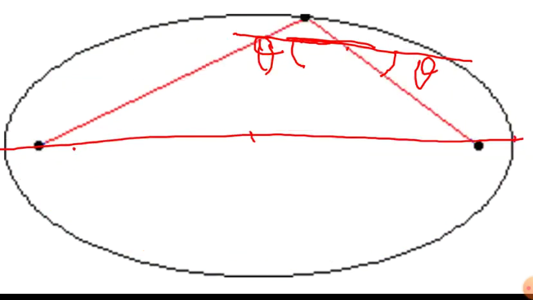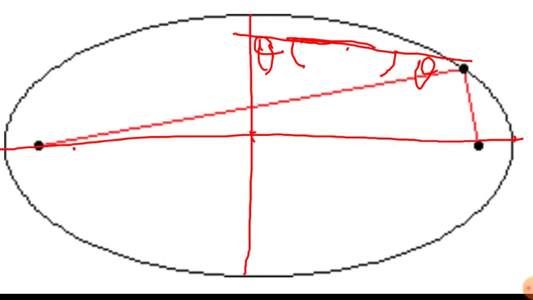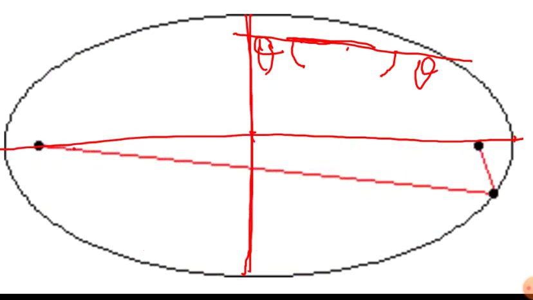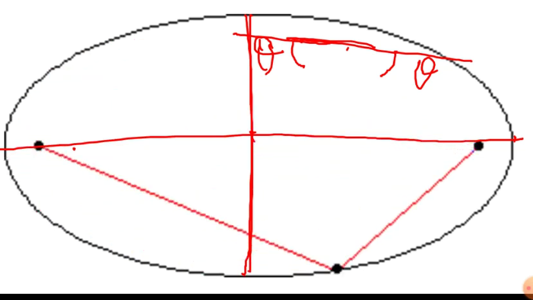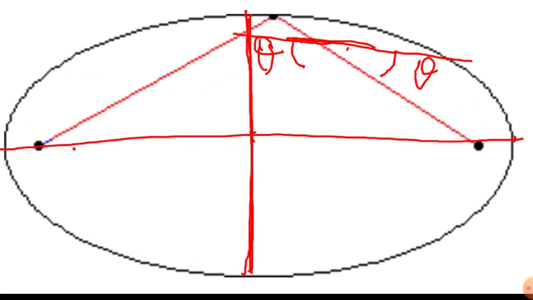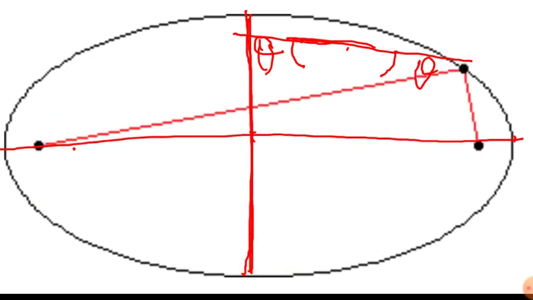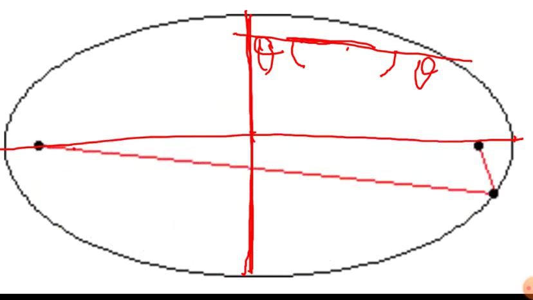And at the middle point, if you draw a perpendicular line like this, then this line drawn perpendicular to the major axis we call the minor axis. The minor axis is the perpendicular line drawn to the major axis at its midpoint. This is about the ellipse.